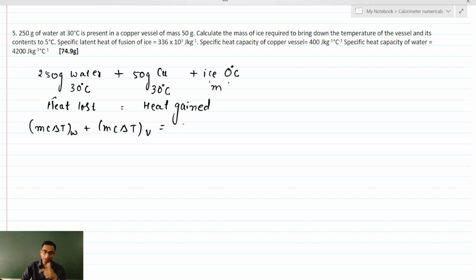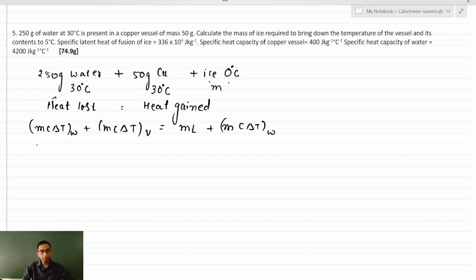That is equal to the entire ice is melting, mL, plus the same amount of the ice, which is now water, the same mass. Its temperature goes from 0 degree to 5 degrees Celsius, that amount of water. So mc delta T of the water.